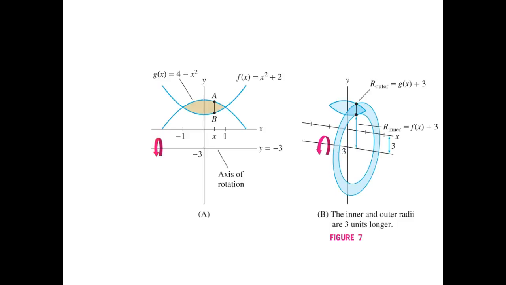Let's first deal with that area. Okay? Well, the area here would then be the length, a minus b. In this case, it's g of x minus f of x dx, the difference between those two times dx.